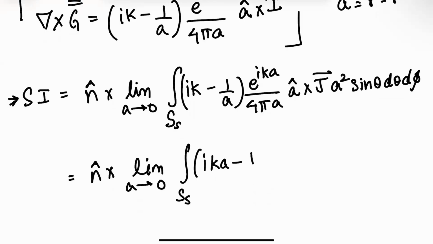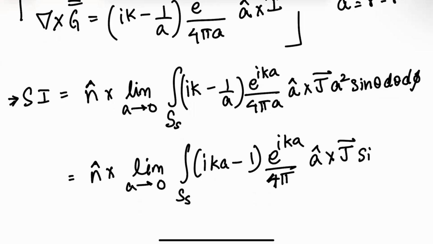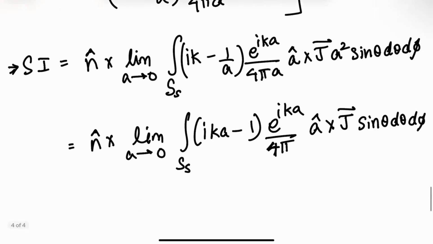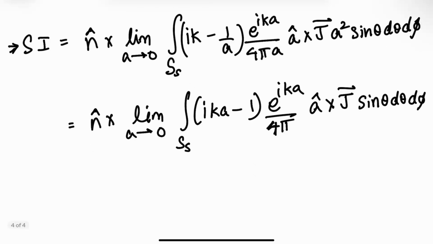So it would be (ika minus 1) e to the ika over just 4 pi, a hat cross j, sine theta d phi. Okay, so what happens to this? When I take the limit, this goes to 0. This term goes to 1.